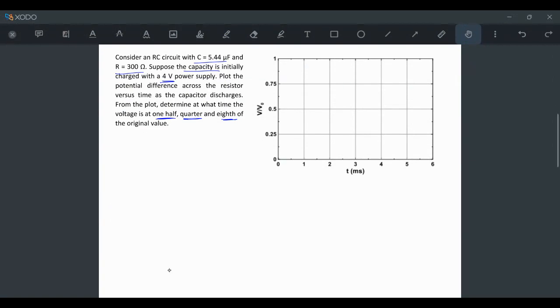Like I said, the setup is the same. We have an RC circuit and it's charged up with a power supply. So we'll use the exact same equation that we had in the previous question. This is the current flowing through the circuit. As a reminder, the circuit will look something like this.